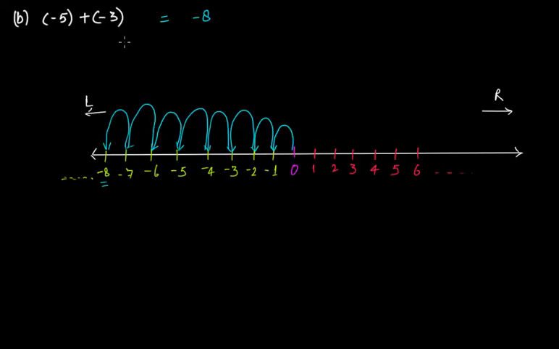And in this case, when you are performing addition of 2 negative numbers, again you got -8, and this implies that if you add 2 negative numbers, then you will always get a negative answer, always.